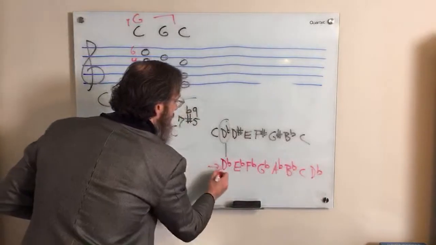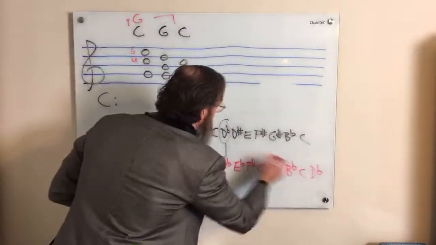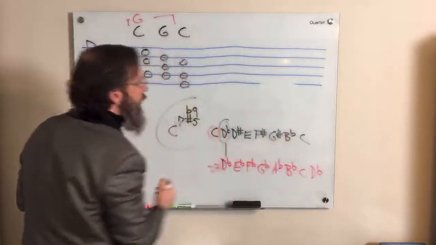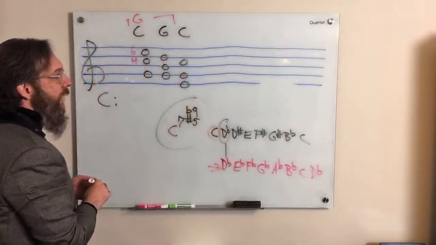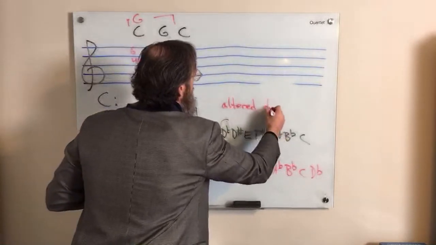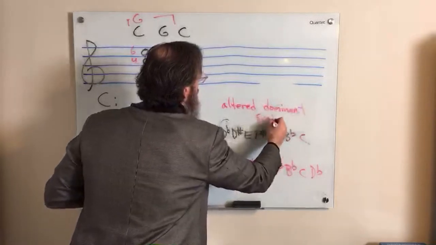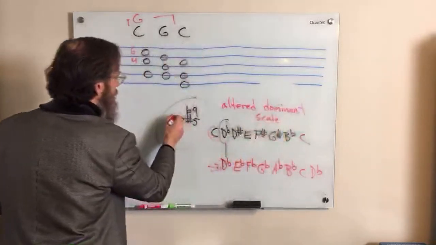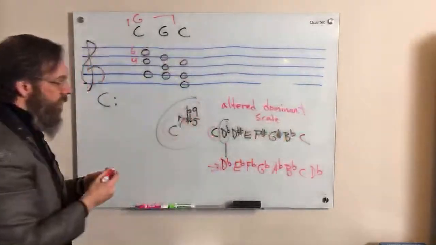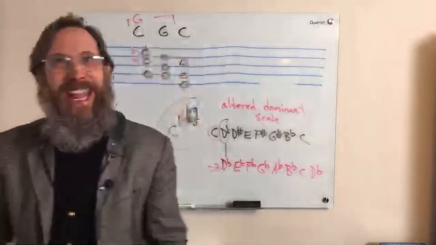That's my D flat ascending melodic minor scale. So I would start on the note C, use those same pitches, and I get myself the scale which is called the altered dominant scale, because this is essentially a dominant chord that has been altered, hence the name. So if I were to pick one of my favorites, that's my favorite for today.